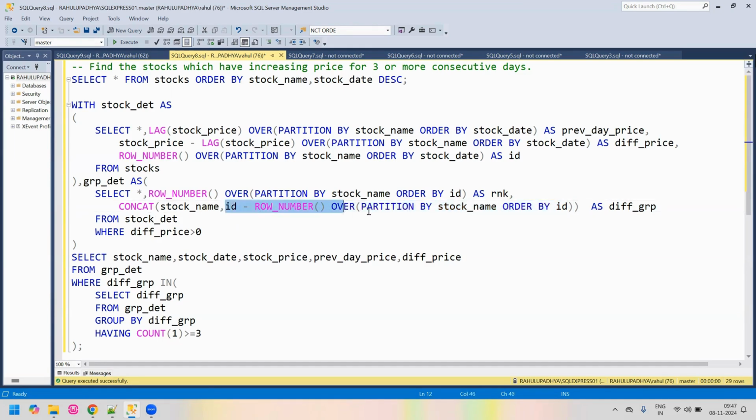And with this, we will be able to create a group. And we have added the stock name in the beginning so that each of the groups can be uniquely identified. After that, what we have done is we have fetched only the required columns from this CTE and kept only those groups where the entries were greater than or equal to 3 for those groups. So this way we solved the problem.